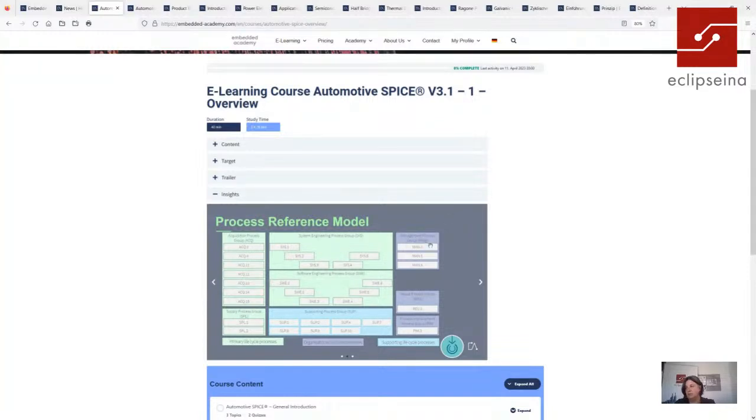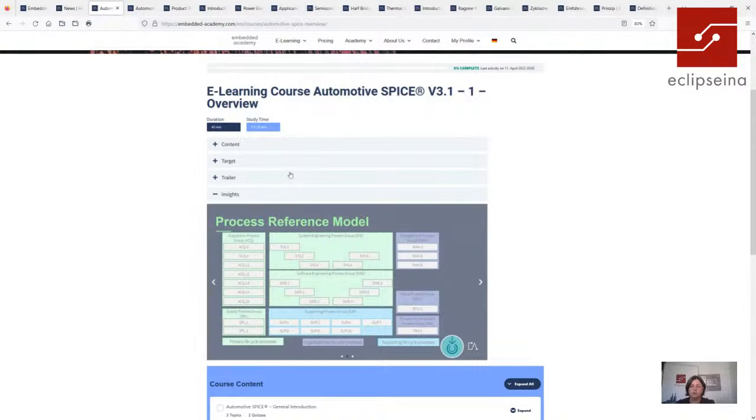And for the management process group, we have so far only project management, but IT security is in work, and also the measurement will be done soon. This way, we are going to cover not only the VDA scope, but also all the processes which will still be there in ASPICE version 4.0, because not all the processes which are now in ASPICE version 3.1 will be covered in the future, or will be part of the process model in the future.